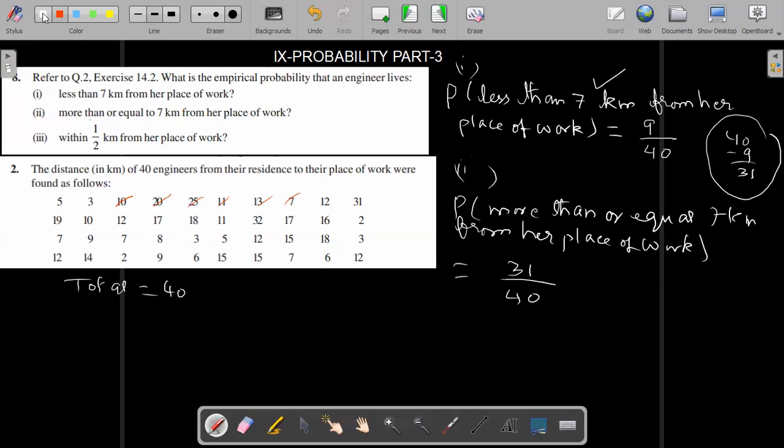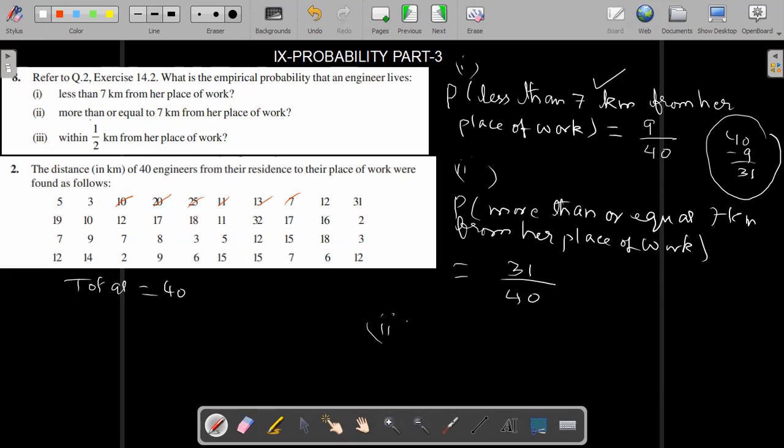Then how many are living within half a kilometer from their place of work? Half a kilometer is not given. No one is living there. The least distance is 2 kilometers. So for half a kilometer, no one is living, so that is 0.